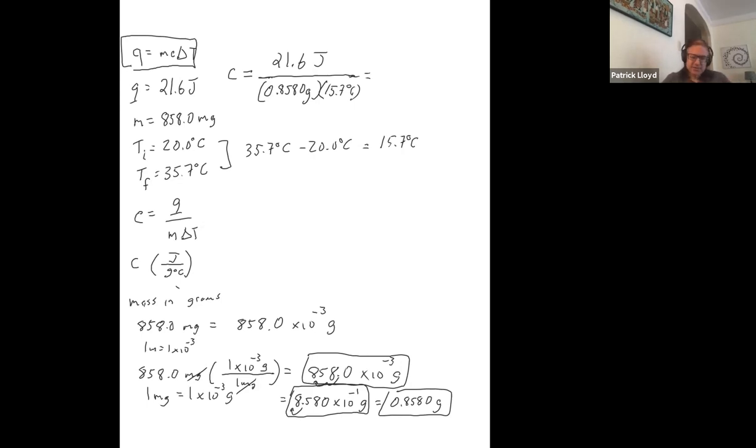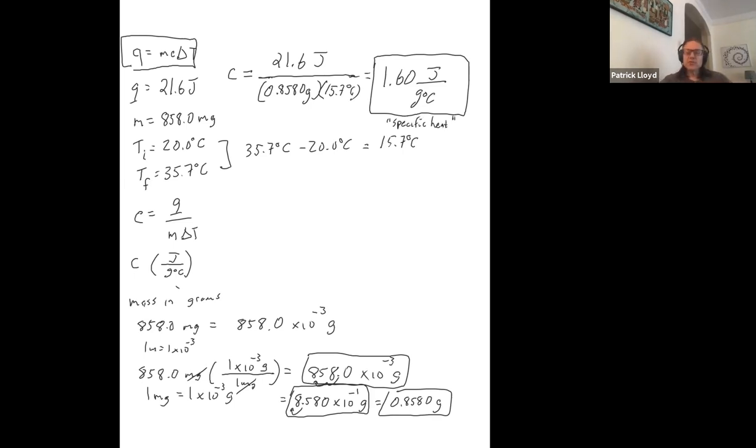Let's see. 21.6 over 0.858 over 15.7, 1.6. So I get 1.60. And then our units are joules per gram degrees C. Okay, so that's the specific heat capacity. So again, specific heat for short.